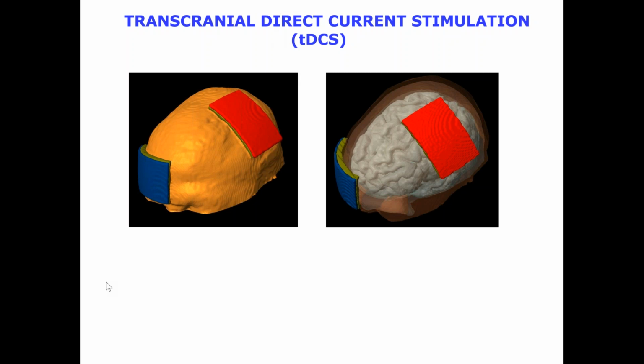There's been over 1,000 studies in tDCS, so it's very well studied. This is one of your typical protocols, over the frontal parietal junction here, and you have a negative and an exit here.